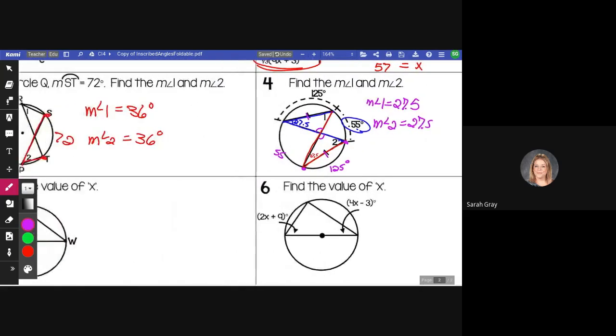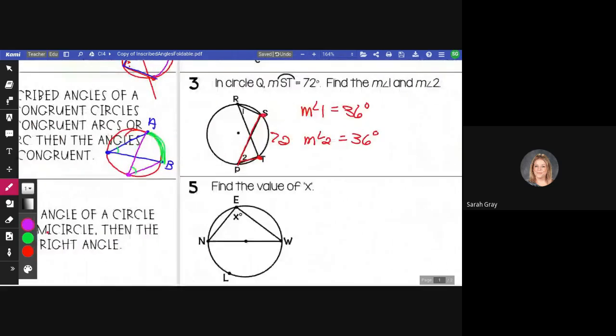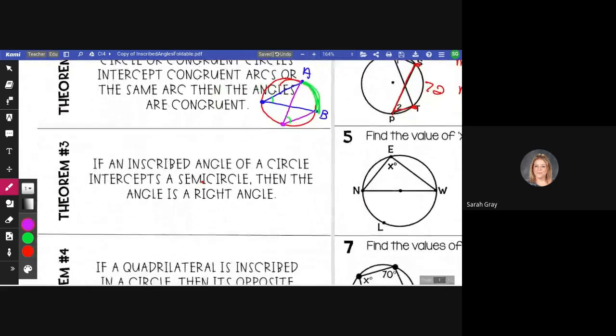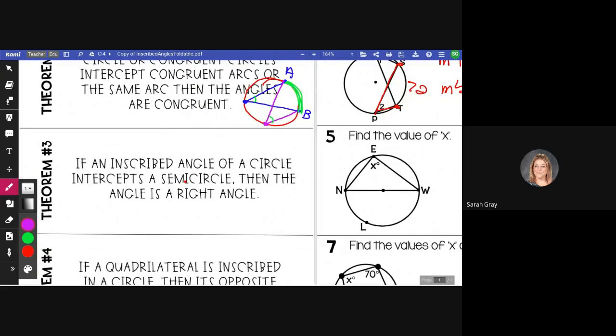Okay. Sorry, that was a little rough. Theorem 3. If an inscribed angle of a circle intercepts a semicircle, then the angle is a right angle. This is kind of the same example that I gave you at the very beginning for how I remember if it's a 90 or not.